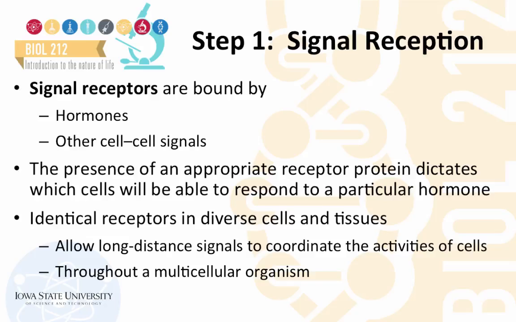The presence of an appropriate receptor protein dictates which cells will be able to respond to a particular hormone. There can be identical receptors in diverse cells and tissues that allow long-distance signals to coordinate the activities of cells throughout a multicellular organism.